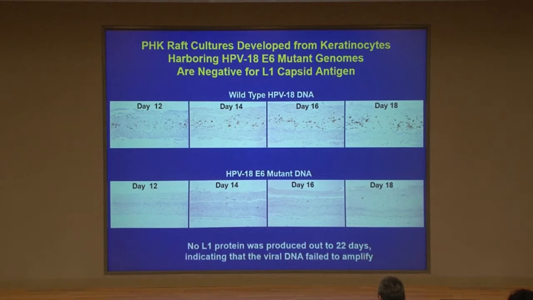Is p53 the target? So this is the wild type. Lots of new viruses being made. L1 is a huge amount, but this mutant, hardly any. We can keep it all the way out to 22 days. You will not see capsid protein, and actually very little DNA amplification.